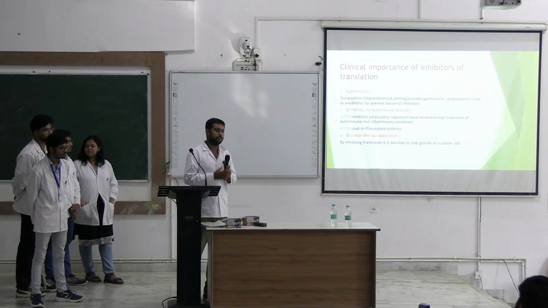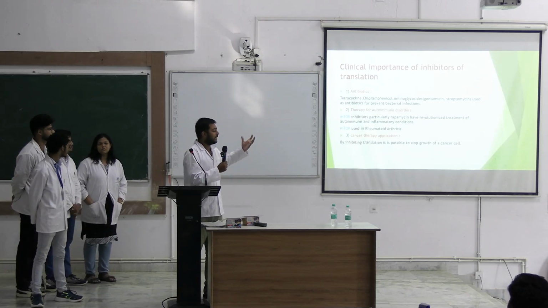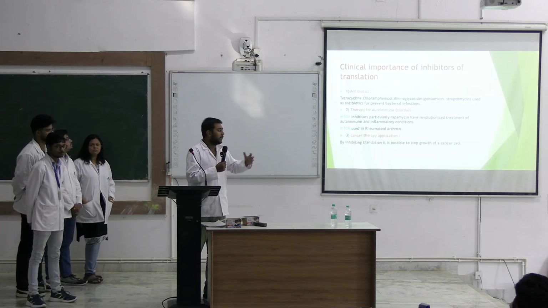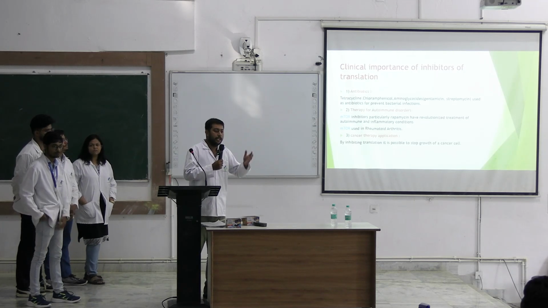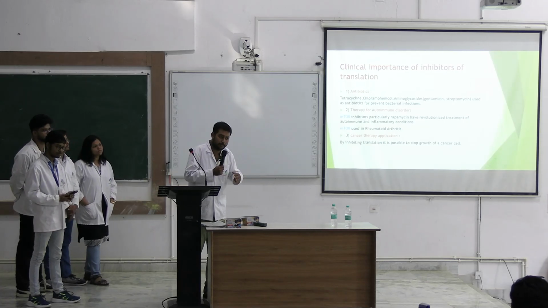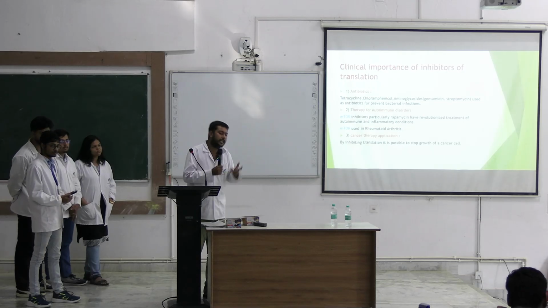But if we jump into the eukaryotic mechanism, prokaryotes actually cause the problem after translation, whereas in eukaryotes the toxins stop translation in the human body so that problems can be caused. For example, we have diphtheria toxin.